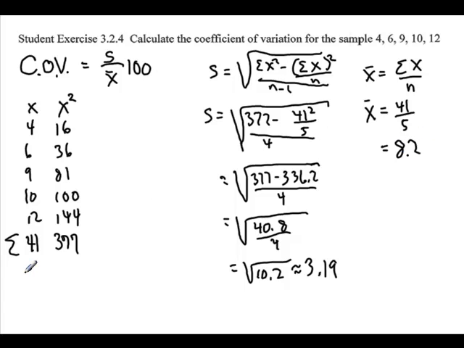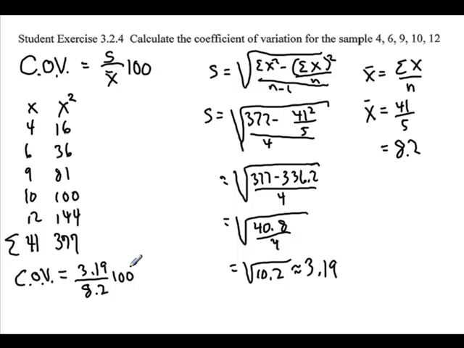Finally, plug into my formula for coefficient of variation, or COV, and I get a standard deviation, 3.19, divided by my sample mean of 8.2. Multiply that by 100.